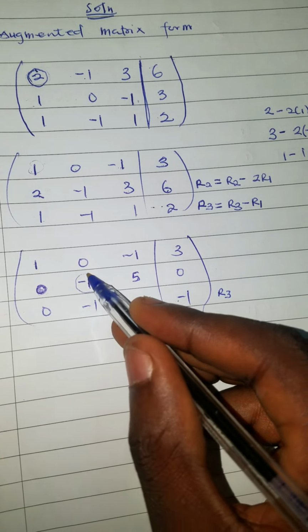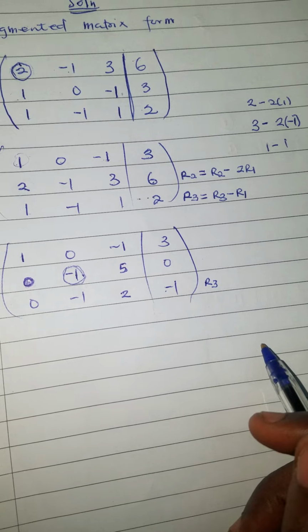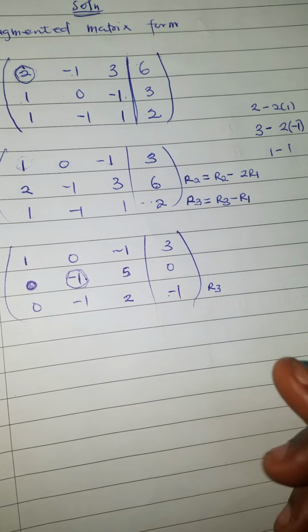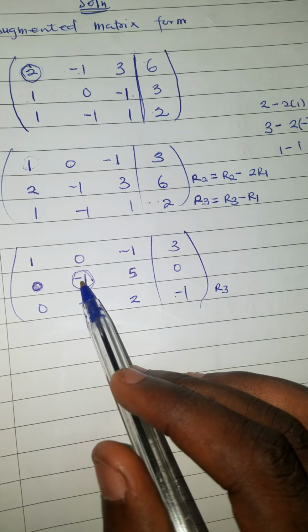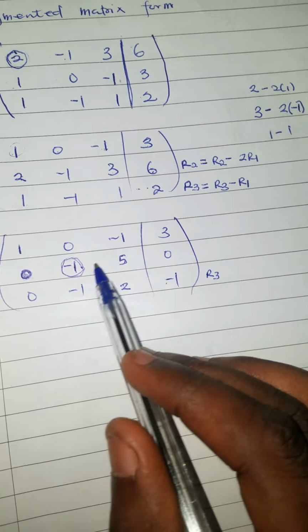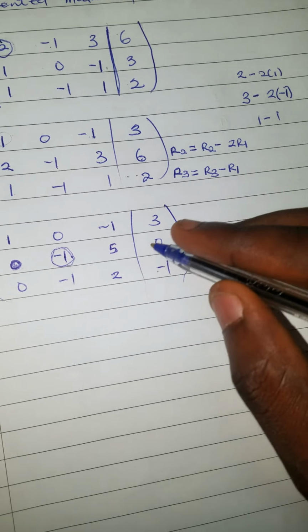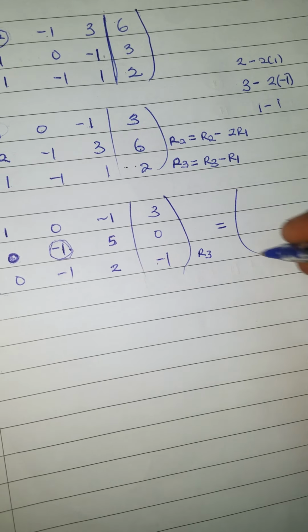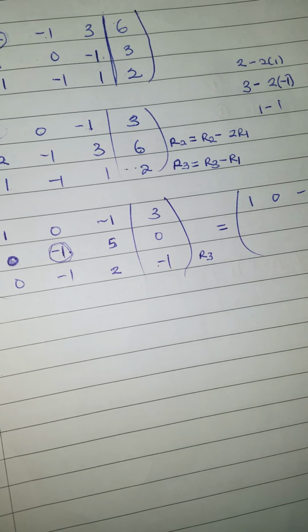But here, the element we are coming to work with reference to is negative 1. So what you do is make it 1 by multiplying negative through.